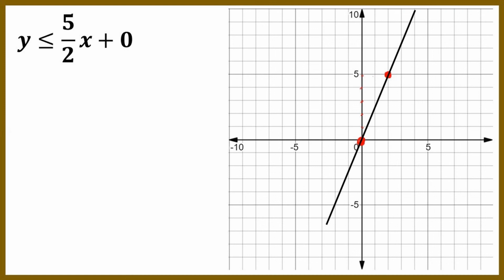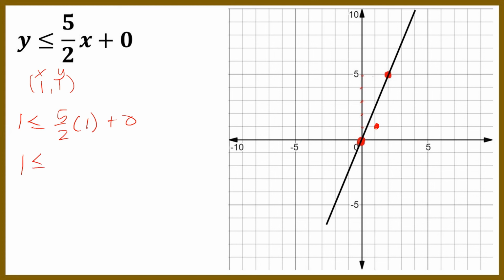Since yung ating line ay nag-pass through sa 0, 0, so therefore, hindi muna natin gagamitin sa 0, 0. Gagamitin natin is 1, 1, titingnan natin para mag-satisfy dito sa inequalities natin. So, 1, 1, x equals to 1, then y is equals to 1. Substitute natin, 1 less than or equals to 5 over 2 multiplied by 1 plus 0.